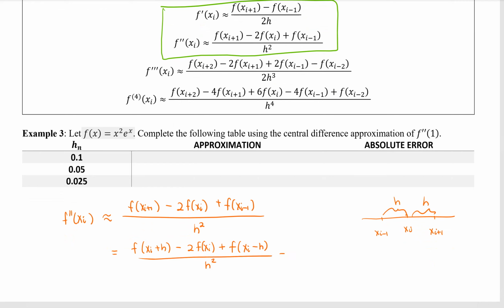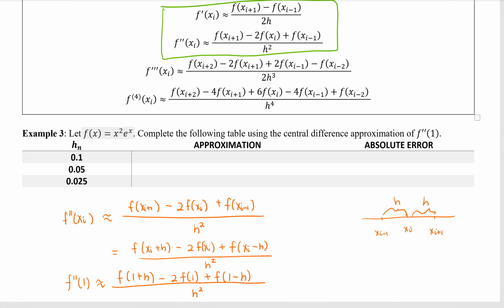Okay, so because here we are looking for f prime prime of 1, we plug in xi is 1, then we have f of 1 plus h minus 2 f of 1, and then plus f of 1 minus h, all over h squared. So far, so good, everybody? So this is the formula we're gonna use in our example.